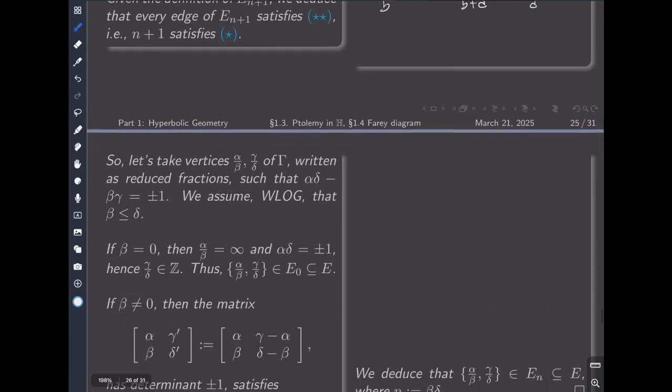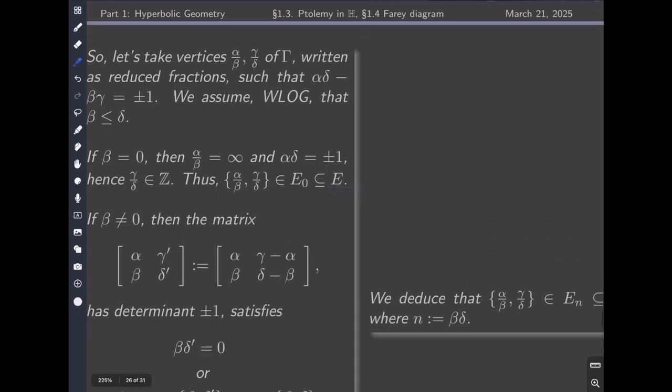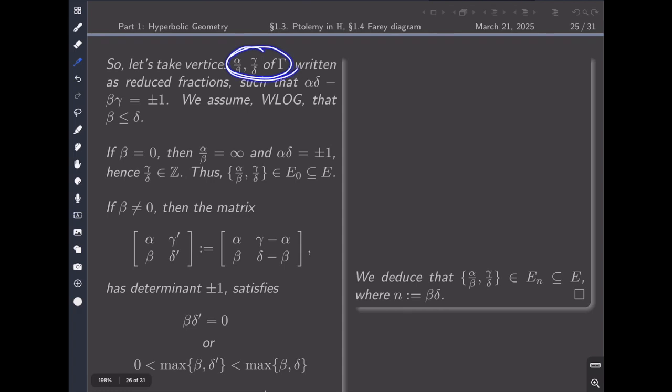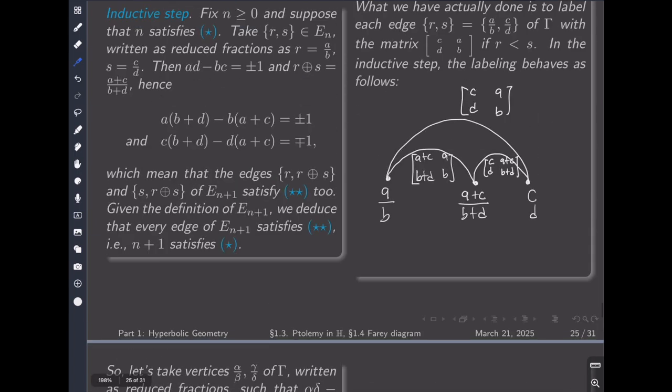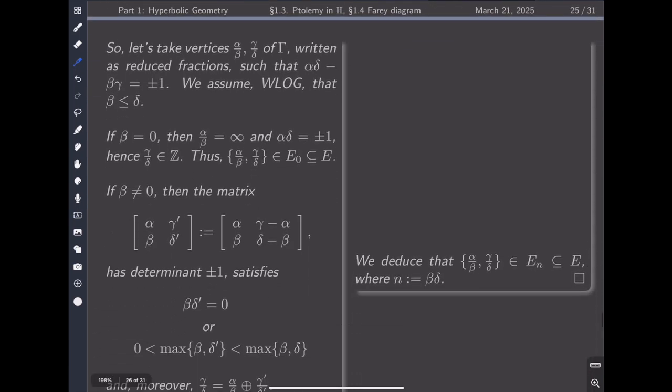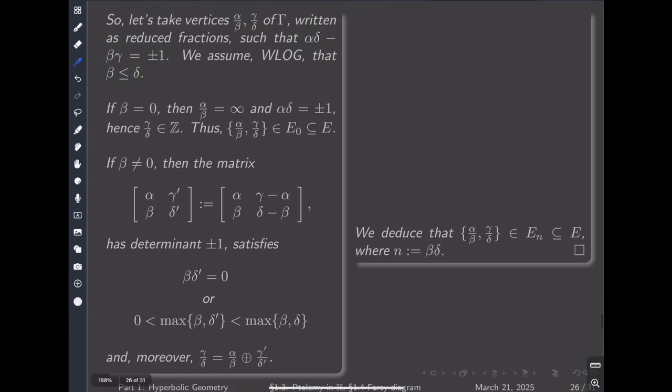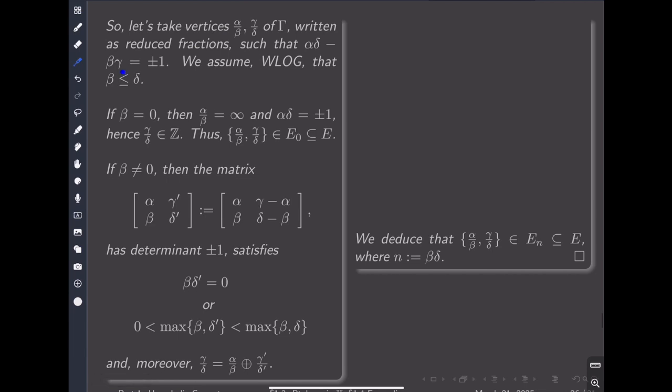Okay, so now let's take vertices of gamma such that the corresponding determinant is plus or minus 1. What I want to show is that they are connected in the Farey diagram. On the way in, this labeling is what we did, and now I'm going to show you that if the determinant is 1, then they are connected by an edge. Without loss of generality, at the level of denominators, beta is smaller or equal than delta.